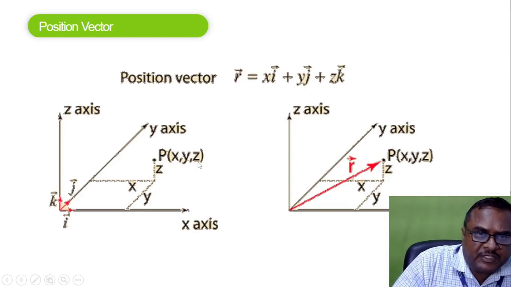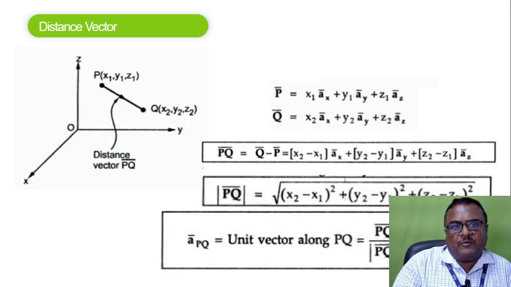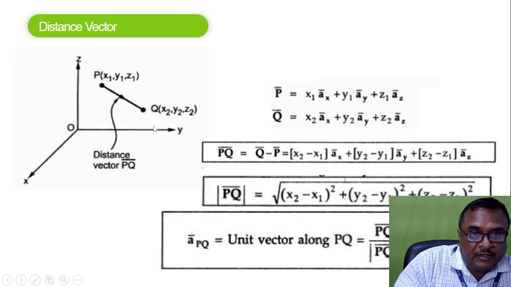Similarly, we can plot the point P of xyz in the Cartesian system. Suppose we have 2 points. Point 1 is P with coordinates x1, y1, z1.